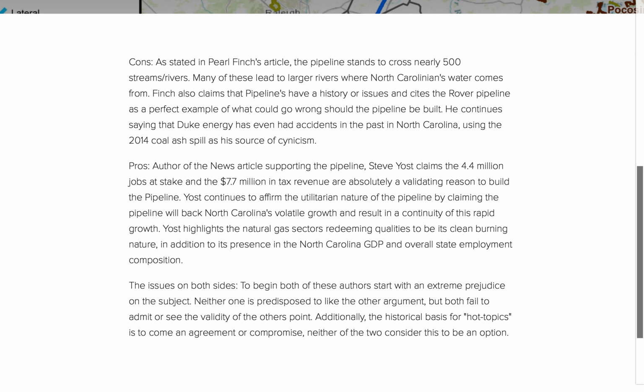I think laying out Finch's and Joyce's claims in different paragraphs is good. I would maybe have a header here like Finch's view or Joyce's view, and have them in different areas. I like that you separate that out.